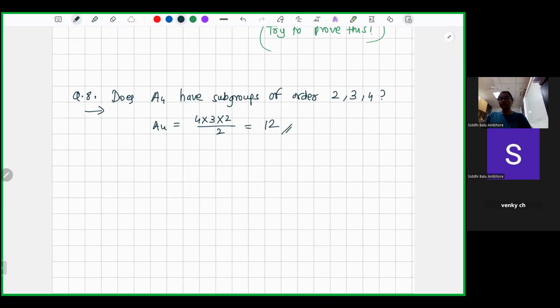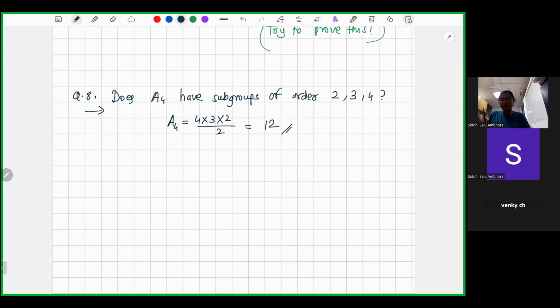See, any group of order 12 need not have a subgroup of order 4 in it. You can produce such a group, and it may or may not be isomorphic to A4.